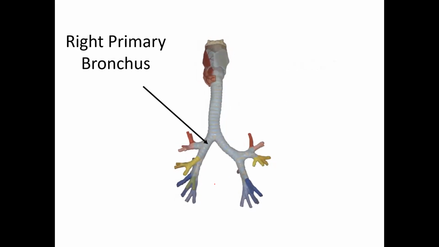The trachea divides, and you have one little tube coming off on the right side. This is an anterior view, so even though this is on the left side of our page, that's the right primary bronchus. The trachea divides into the left and the right primary bronchi, that's plural for bronchus. You have to be specific.